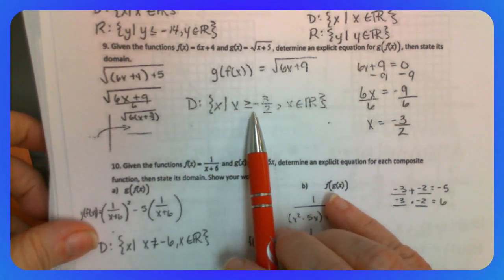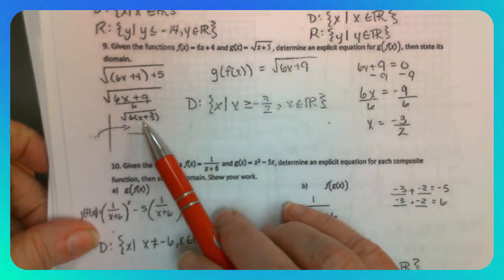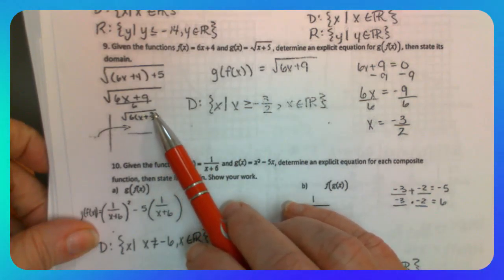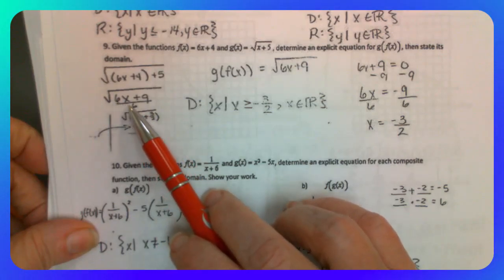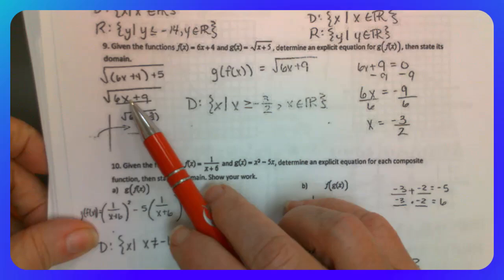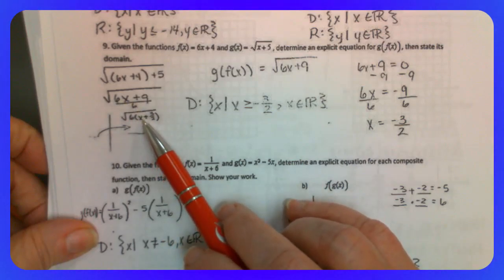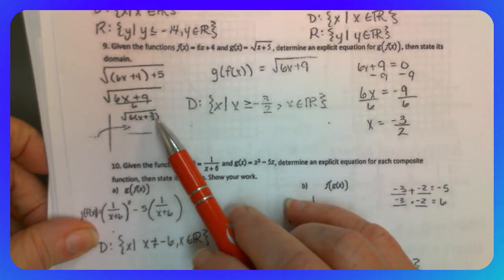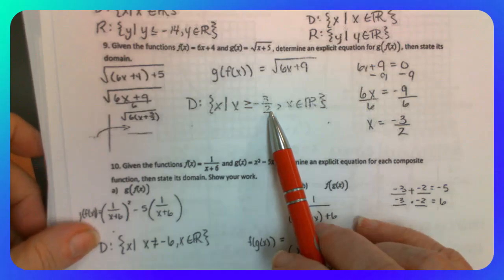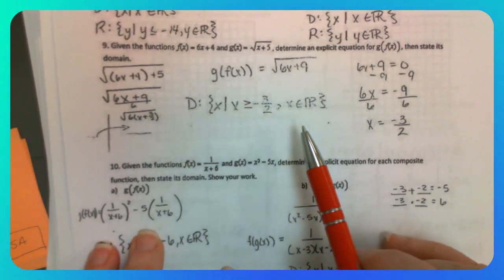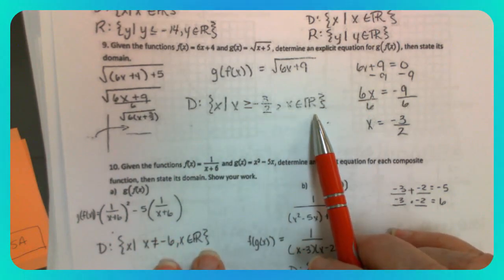So x has to be greater than or equal to negative 3/2. If this is 0, this makes the whole thing 0. So we're factoring out a 6 to get that coefficient 1. When that coefficient is 1, we set this factor equal to 0. So x has to be greater than or equal to negative 3/2. That's what negative 9 over 6 is, in the set of real numbers.